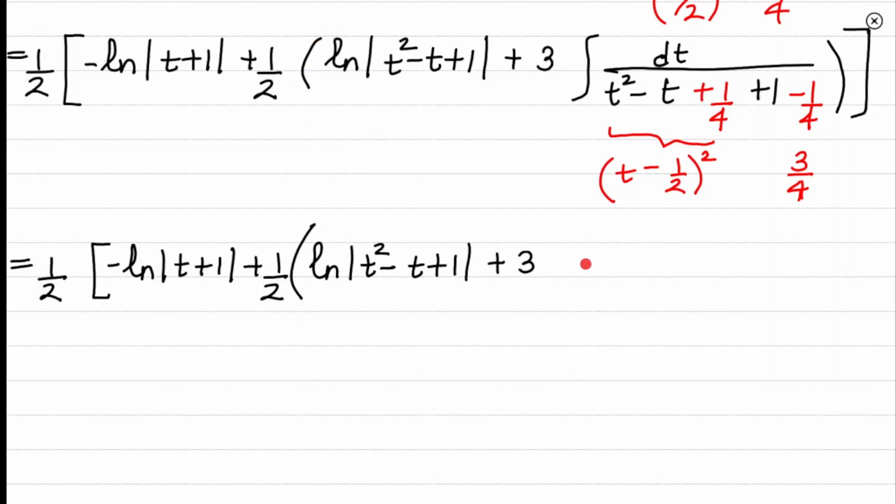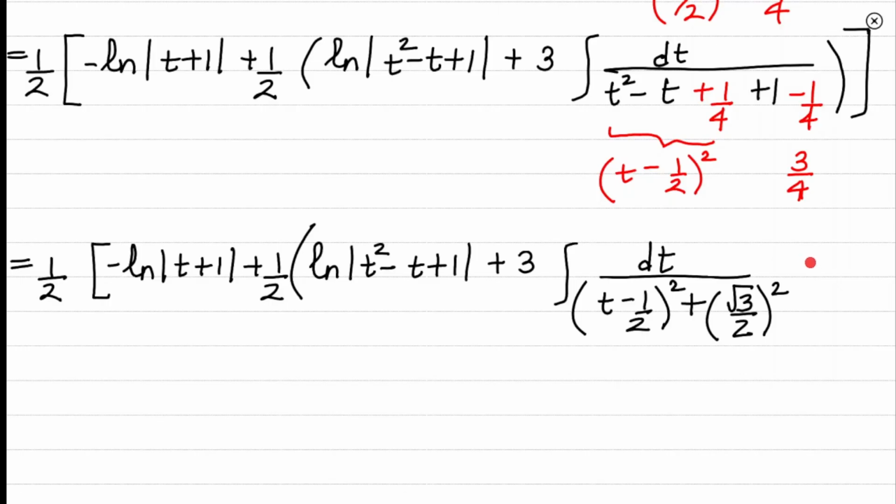So plus 3 integral of dt divided by t minus half the whole square plus this 3 by 4 can be written as root 3 by 2 the whole square. Let's close that round bracket and close that box bracket.